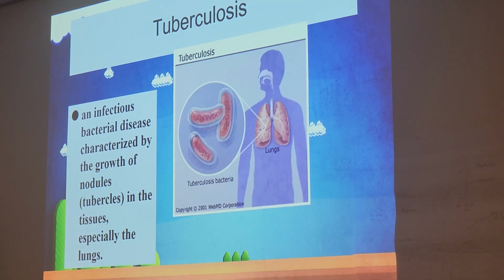Okay, tuberculosis. Of course, most of us are familiar with that. It's another infectious bacterial disease. How's it defined? It's the growth of nodules or tubercles in the tissues, especially the lungs. It's just an advanced bacterial infection that creates nodules or tubercles in the tissues in the lungs.